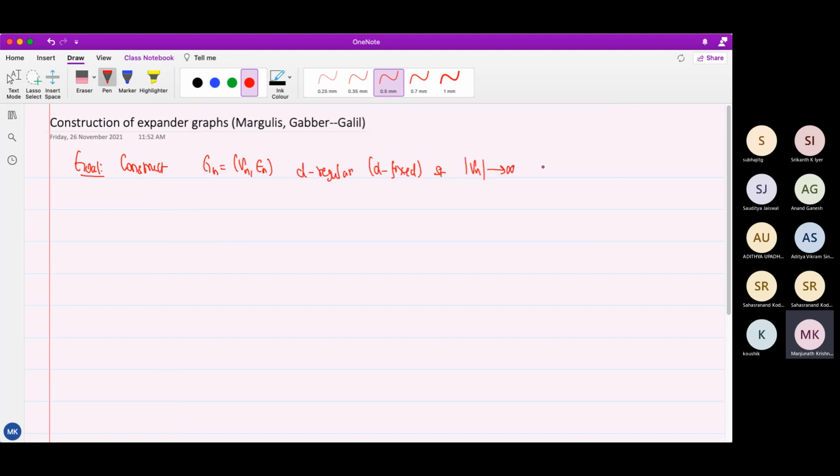We want larger and larger graphs, and the expansion coefficient stays bounded below by some h naught. Okay, this is what we want. Equivalently, as we saw, lambda of G_n stays bounded below. That we have already seen.